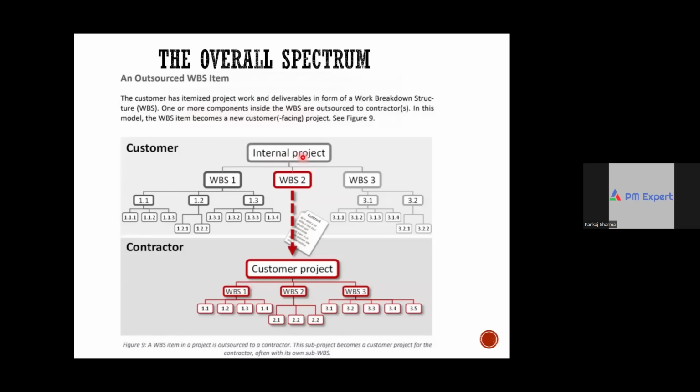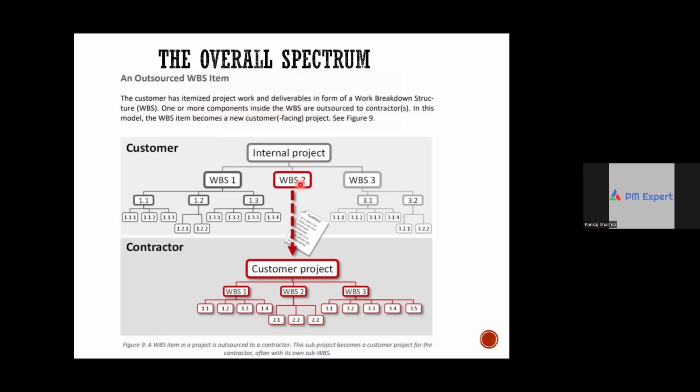The customer who started the internal project has made a significant investment. They will start with the business case first, then create a project charter, then a project management plan. In the project management plan you have a scope baseline.